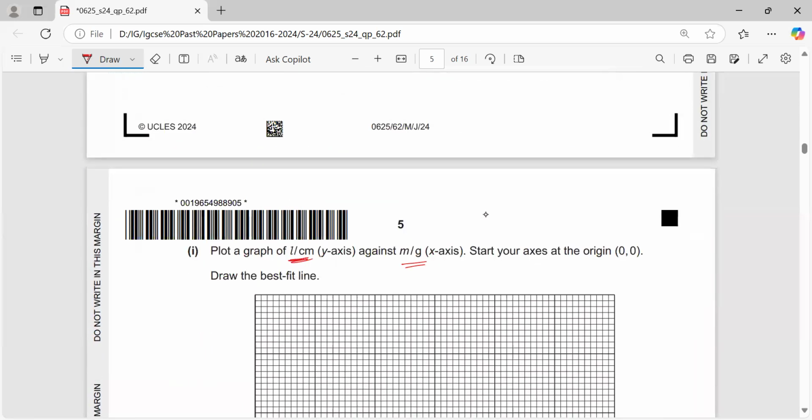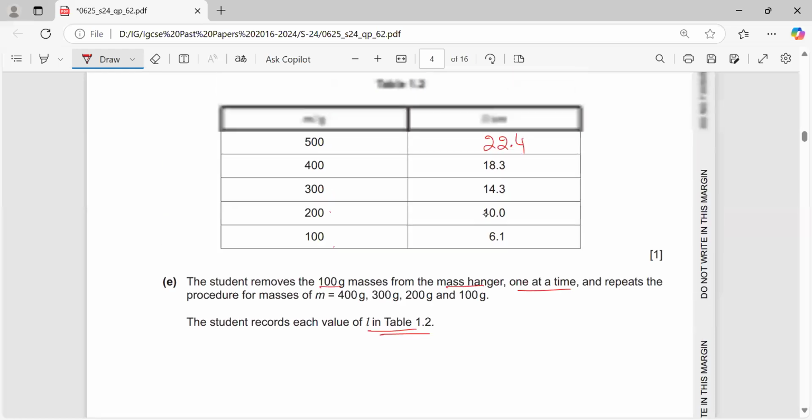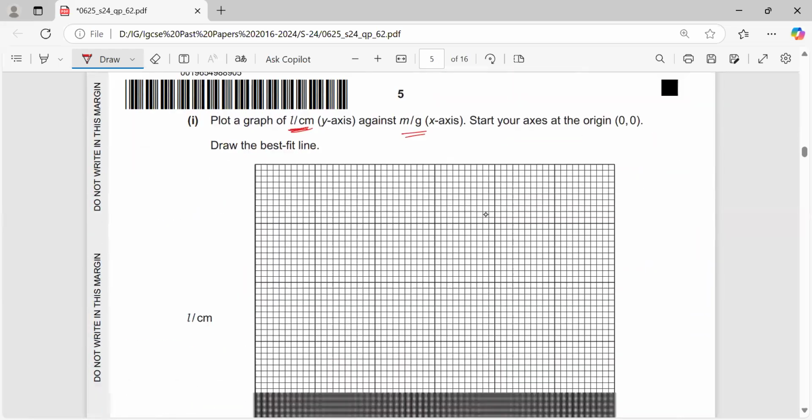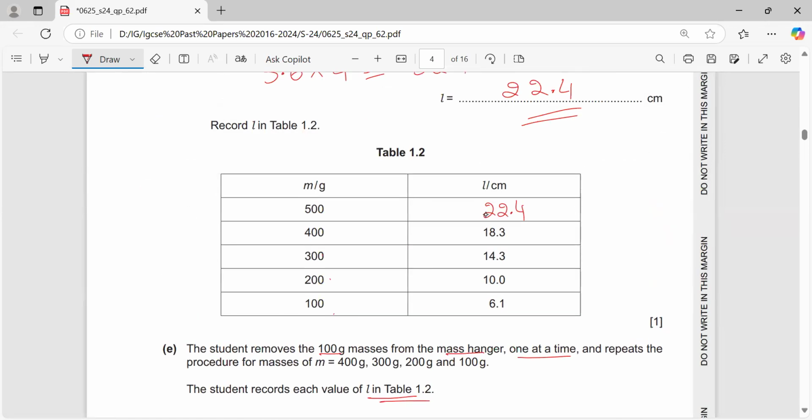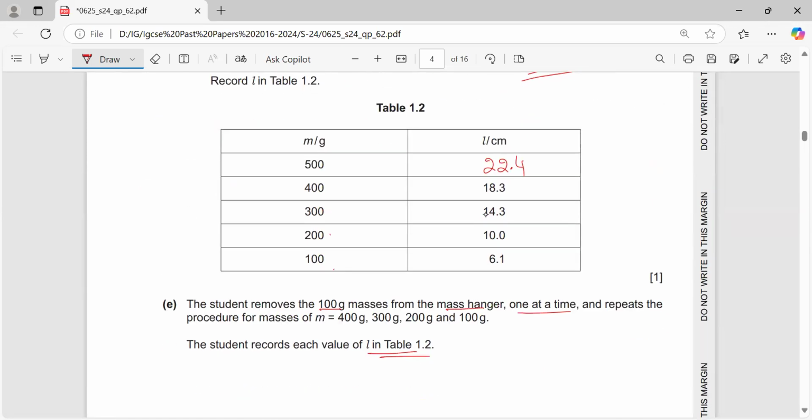Now mass is from 0, 100 to 500, and this is a simple graph, by the way. This is 100, this is 200, 300, 400 and 500. More than half of the grid is covered with data on the x-axis. Now the y-axis: the length starts from 6 till 22.